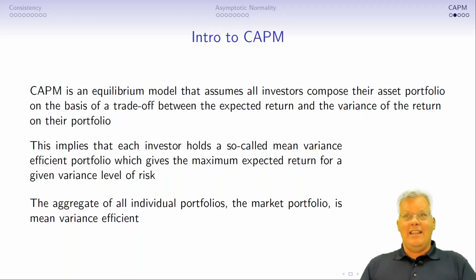So this idea that we have full information and a large number of traders, and systematic inefficiencies are basically rooted out by arbitrage. So CAPM is an equilibrium model that assumes all investors compose their asset portfolio on the basis of a trade-off between the expected return and the variance of the return on their portfolio.